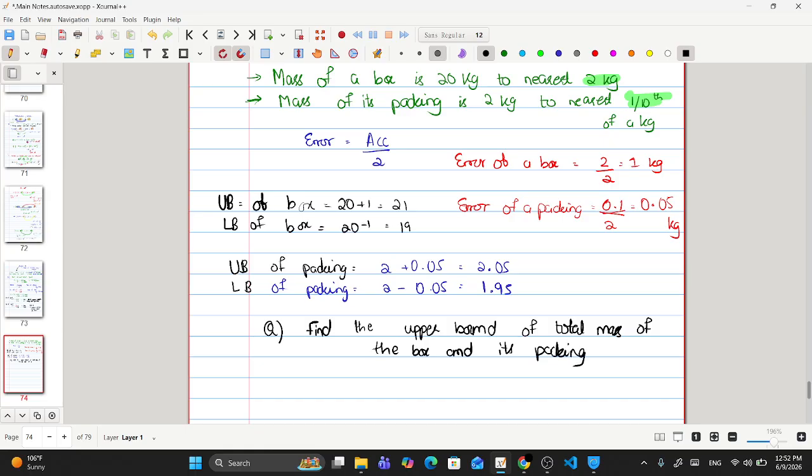Making a formula is very easy. Most of the time, it's just logic. Look, the total mass is supposed to be the mass which is inside the box, which is basically the mass of packing, and the mass of the box, right?